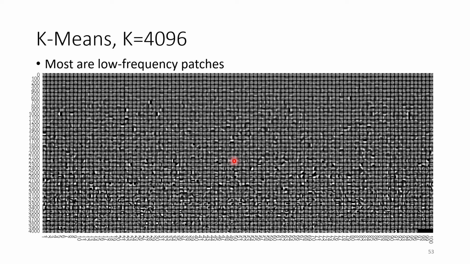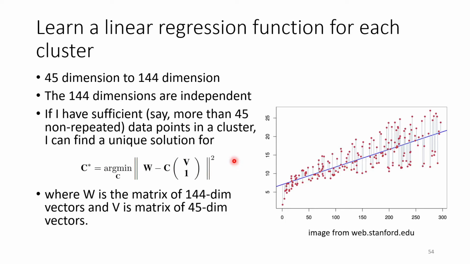Once I get those cluster centers, it is easy for me: just apply linear regression functions to predict the high resolution feature from the low resolution feature. The dimension of the low resolution feature is 45, and the dimension of the high resolution data is 144.